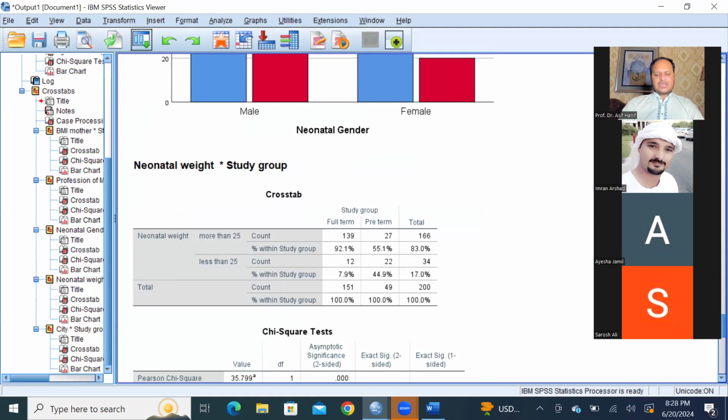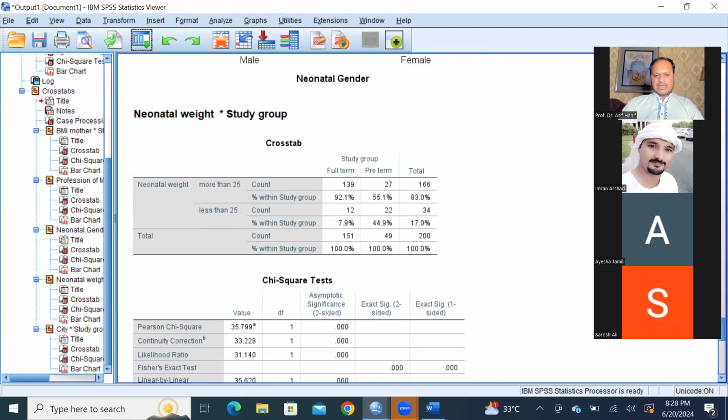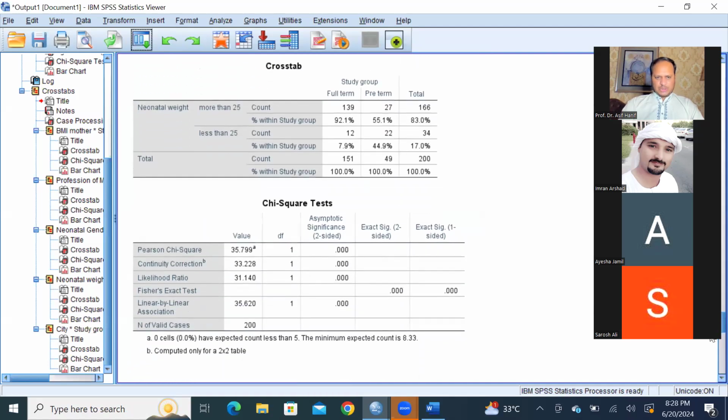Is there any association between neonatal weight and preterm birth? Look at the p-value. As zero cells have expected count less than 5, we will see the p-value of chi-square. Yes, it is highly significant. The association is significant between preterm birth and neonatal weight.